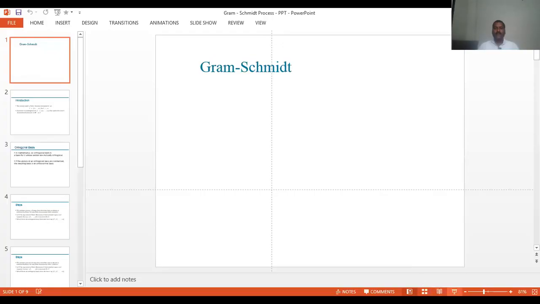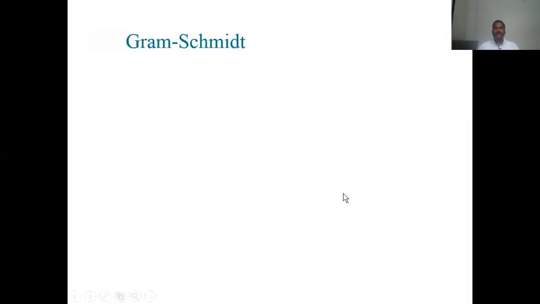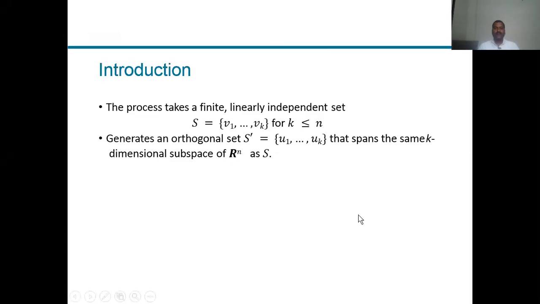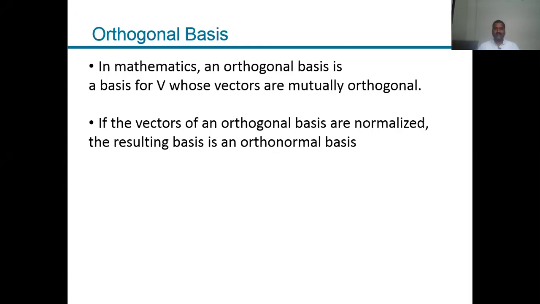Now let's go through the process quickly. Here it is. v1, v2, up to vk are a bunch of linearly independent vectors, and we need to convert them into u1, u2, up to uk, the same number of vectors, which are orthogonal vectors.